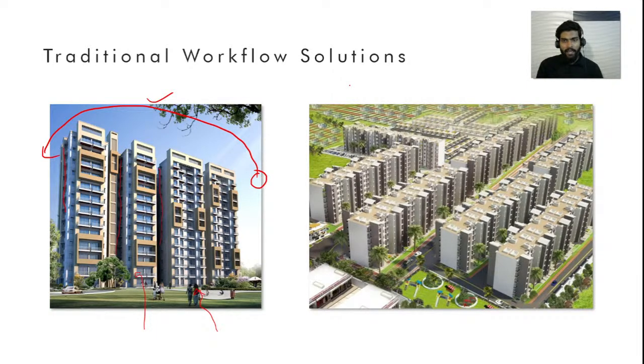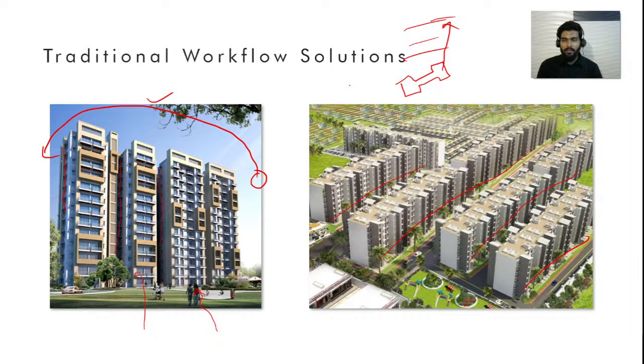And again, if you actually think about how it was designed, the usual workflow would be the designer probably designed one single floor and copied it in the height or in the z axis to come up with multiple floors, and then basically copied this tower multiple times in this group housing to come up with this entire array of these towers.